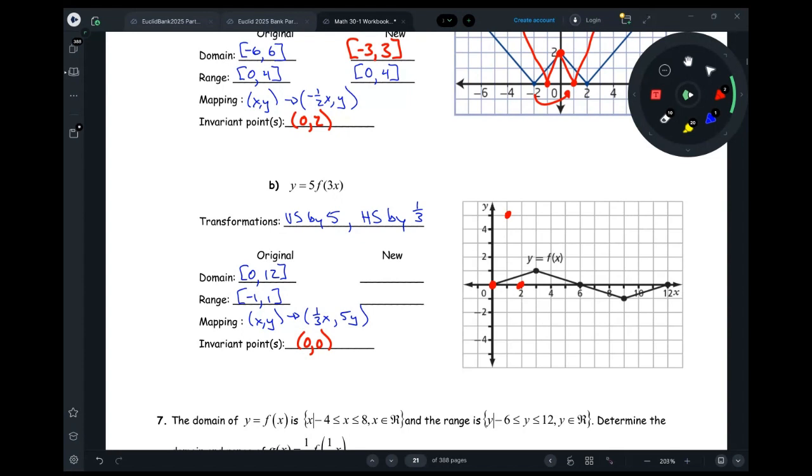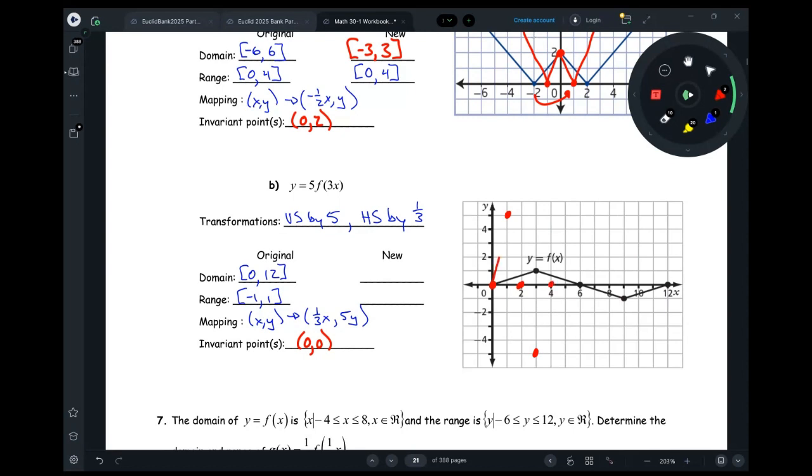So you can already see this is actually pulling really, really close to the y-axis, and then it's moving away from the x-axis here. The point 9, comma negative 1, 1/3 of 9 is going to be 3, and then negative 1 times 5 is negative 5, so it's going to go down there. And then when I put the point 12, 0 through, I'm going to get the point 4, comma 0.